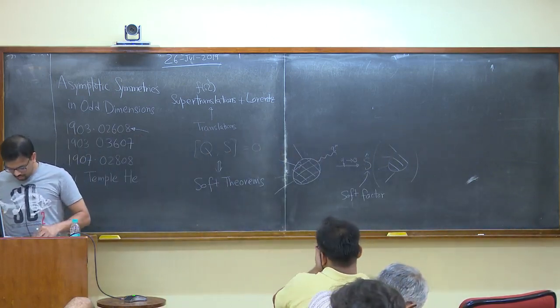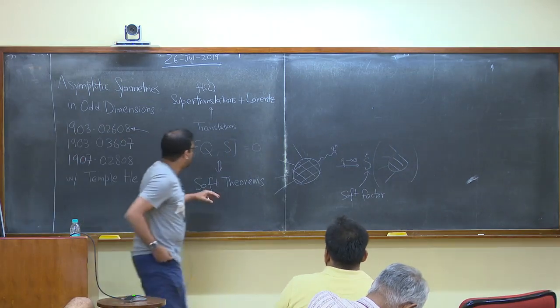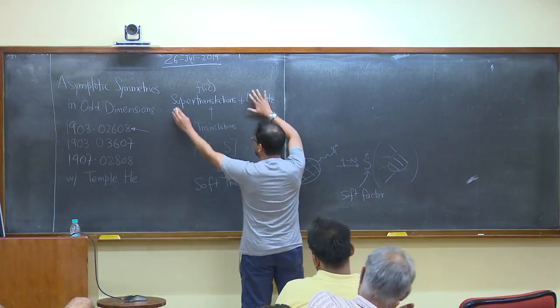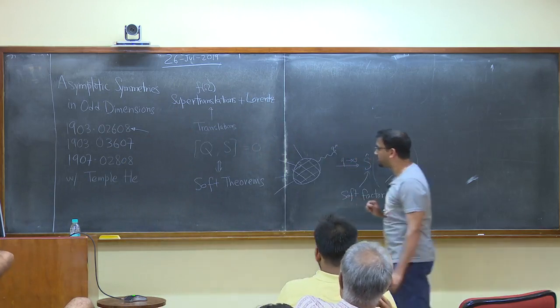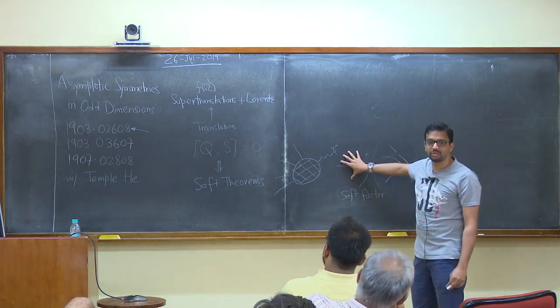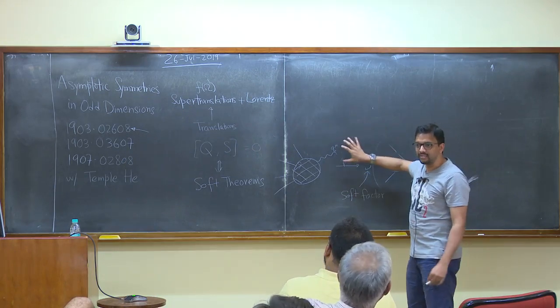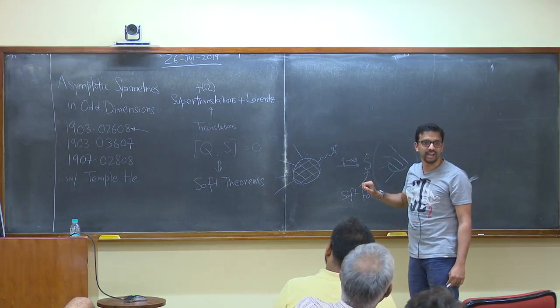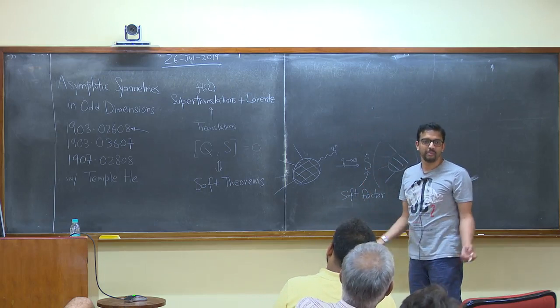Okay, so what I'm going to talk about today is understanding this side of the story in higher dimensions, in particular in odd dimensions. Because this side of the story is universal. It doesn't even depend on the dimension I'm sitting in. In any dimension, the propagator is 1 over p squared.